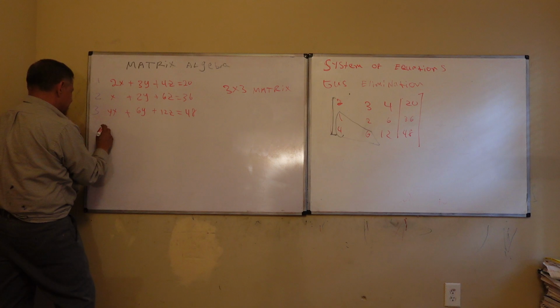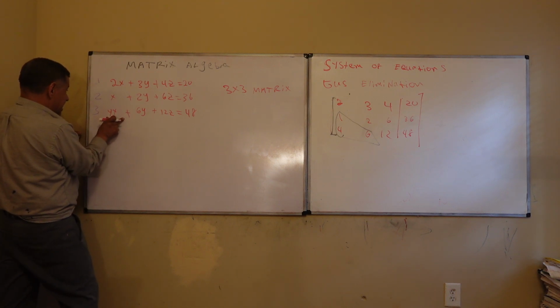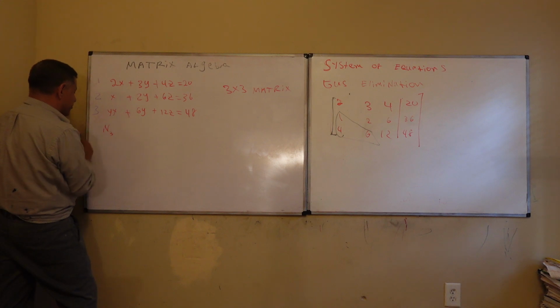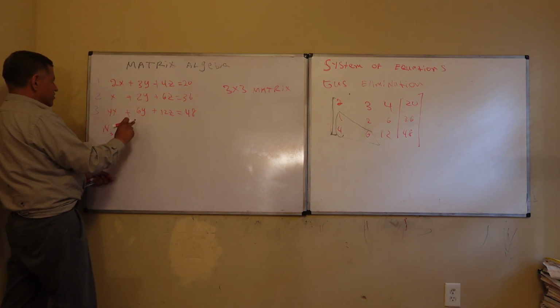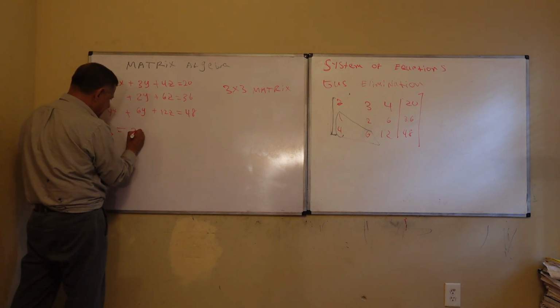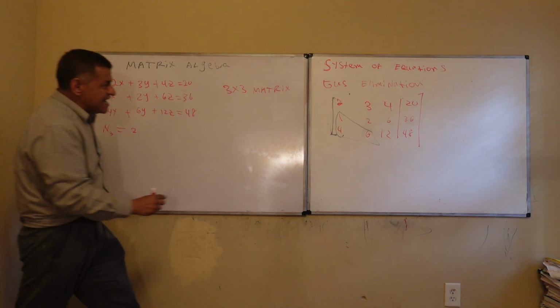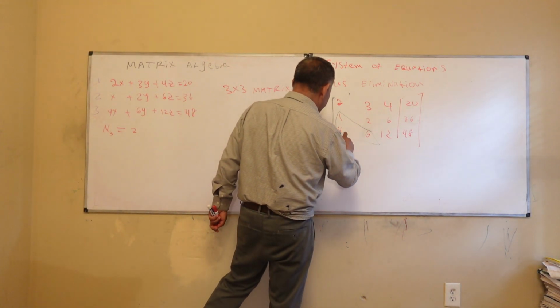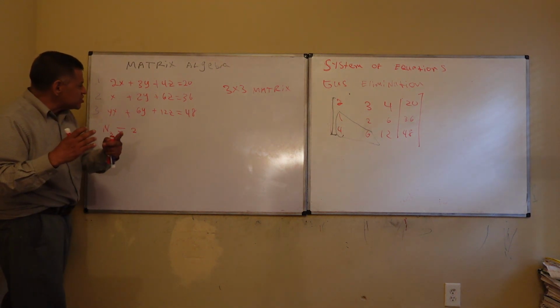You can call this N. I call it N3 because I am applying it to equation 3. So N3 is going to be my new equation. Remember, in order to make this guy a 0, I need to subtract.